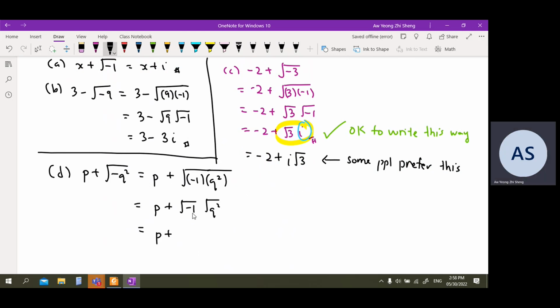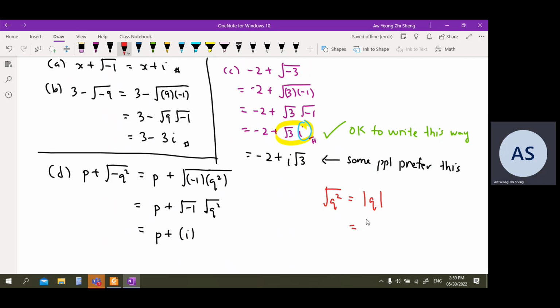Surd minus 1 by definition should become i. Surd of q squared, let me make a remark here, would usually become modulus of q. In chapter 0, in semester 1, there's a section on square roots, which says if you have the square root of a real number squared, where the square is inside the square root, it should be simplified to become modulus of q.